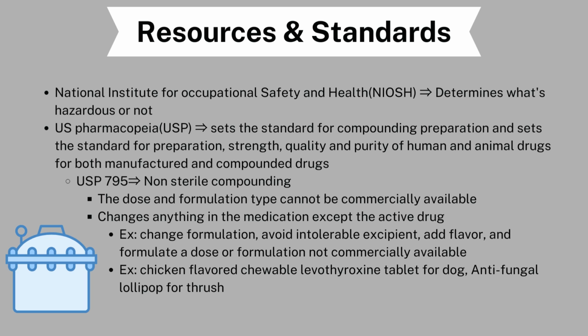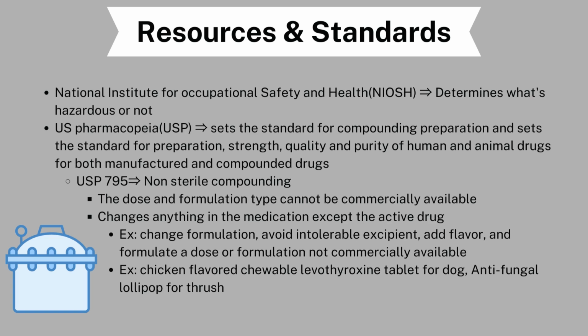USP 795 is the section on non-sterile compounding. And since it is compounding, again, the dose and formulation type cannot be commercially available. It changes anything in the medication except the active drug. This is used when the active drug is going to be the same, but we're going to compound anything other than the active drug itself.